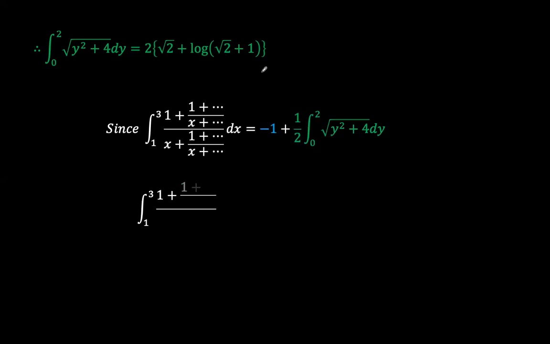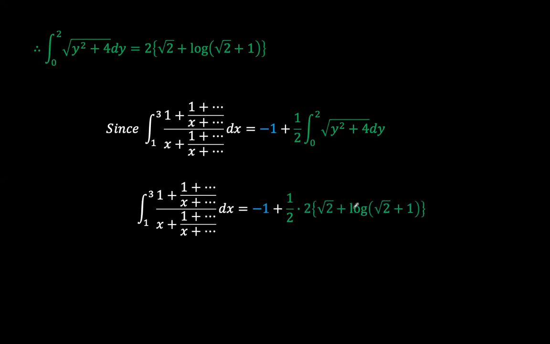So when we plug things in, we have negative 1 plus half times twice, so root 2 plus the natural logarithm of root 2 plus 1. So this 2 cancels, and we are left with root 2 minus 1 plus the natural logarithm of root 2 plus 1. And this is our final answer.